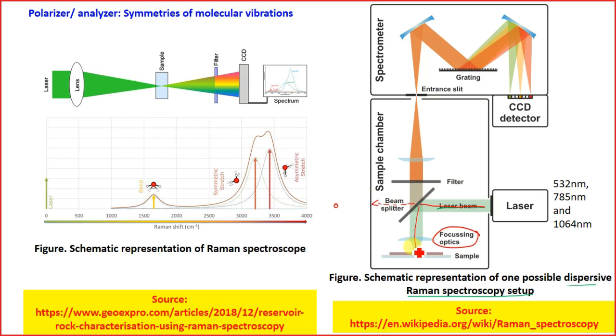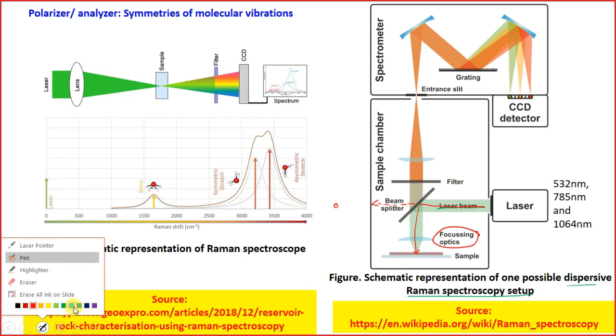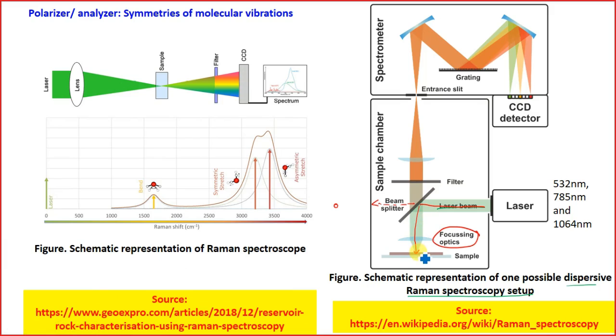Again, as it strikes the sample, the ray again moves over here. Then from here, some of the light will be rejected or sent towards the laser, and a small amount of the light will pass through this beam splitter. It will go through this filter, which is basically the notch filter.